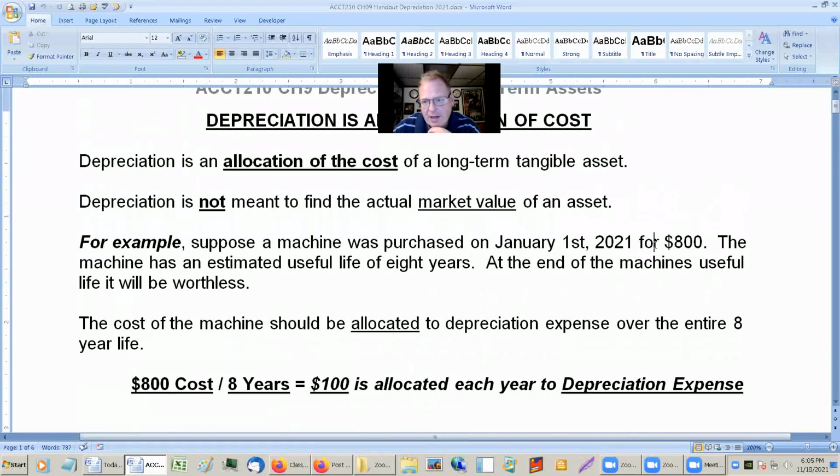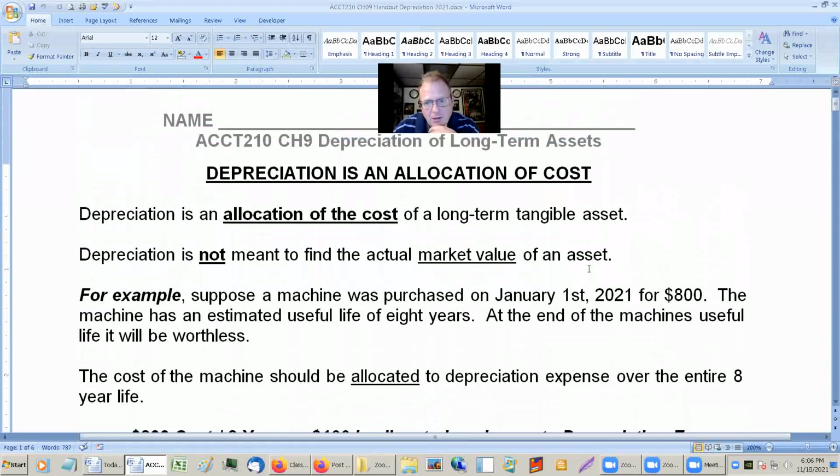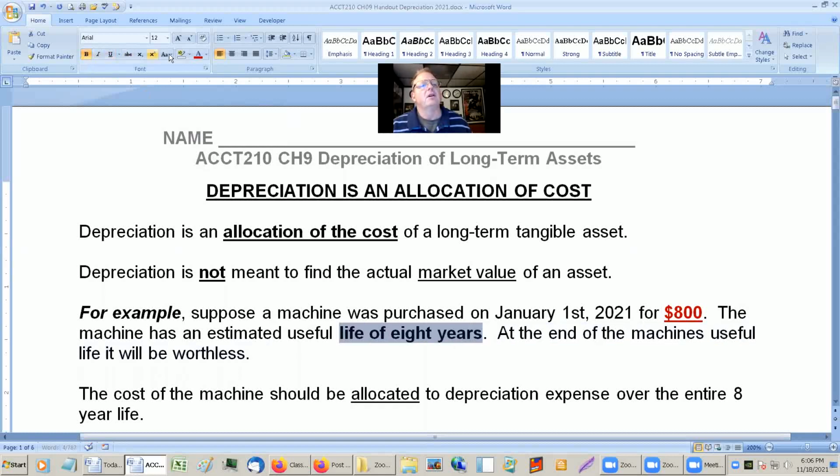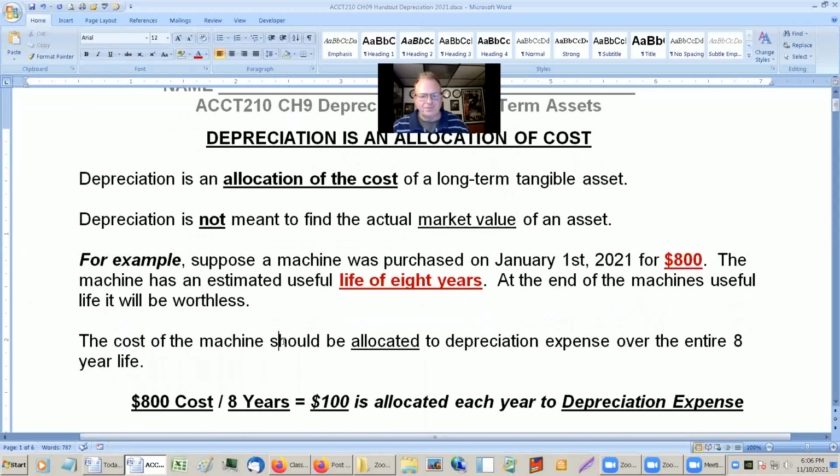So for instance, you pay $800 for the machine and it has a life of 8 years. Well, it makes sense if we split that up over the 8 years.